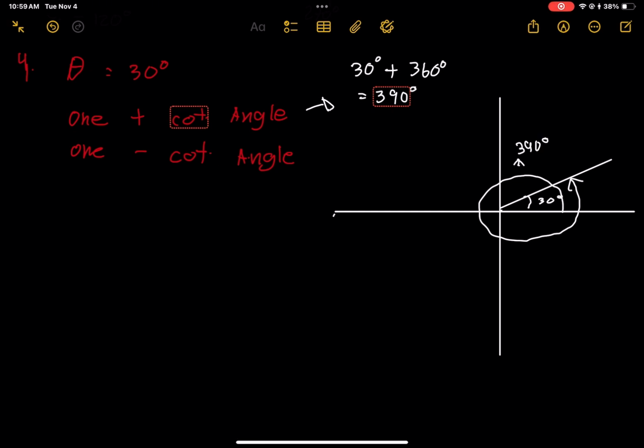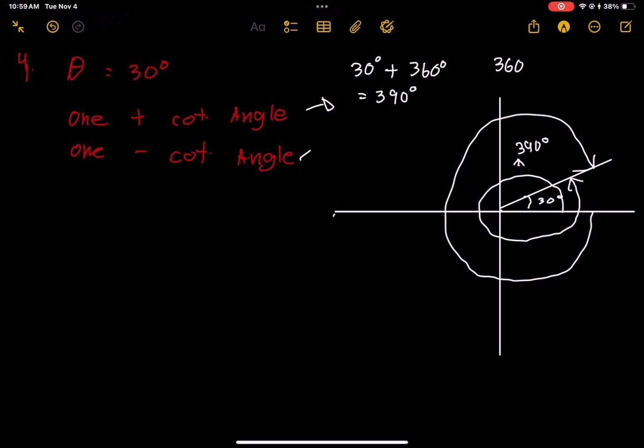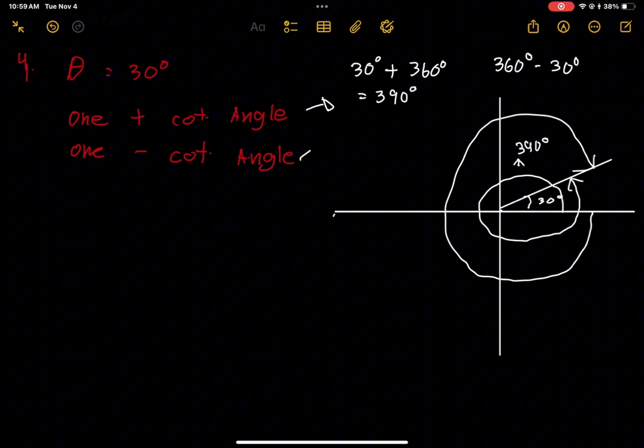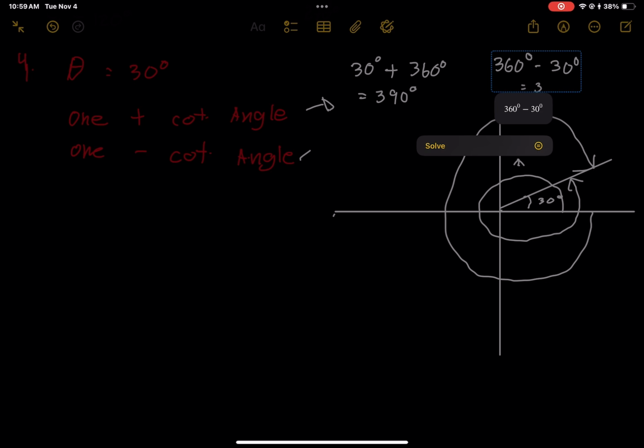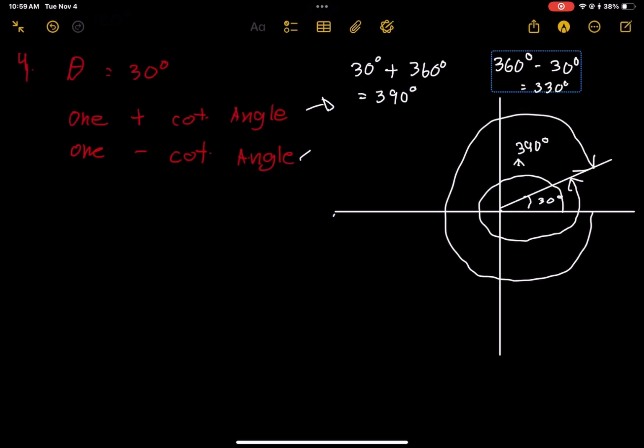So rotating clockwise, we have to stop again at the given angle. This time we have to subtract it from 360 to find its exact measurement. So 360 degrees minus 30 degrees is 330 degrees.